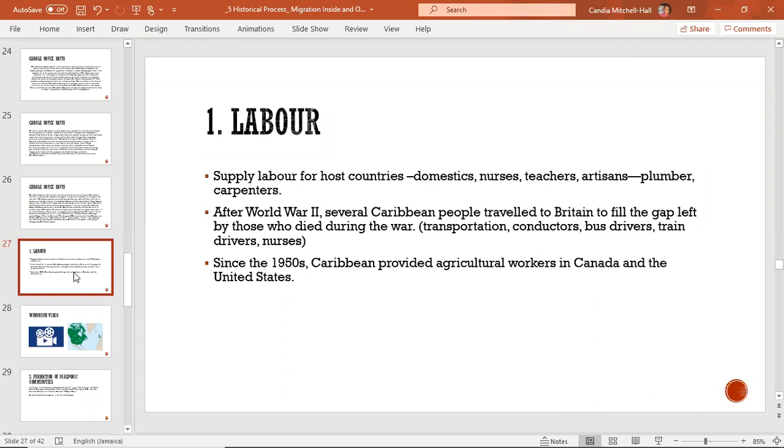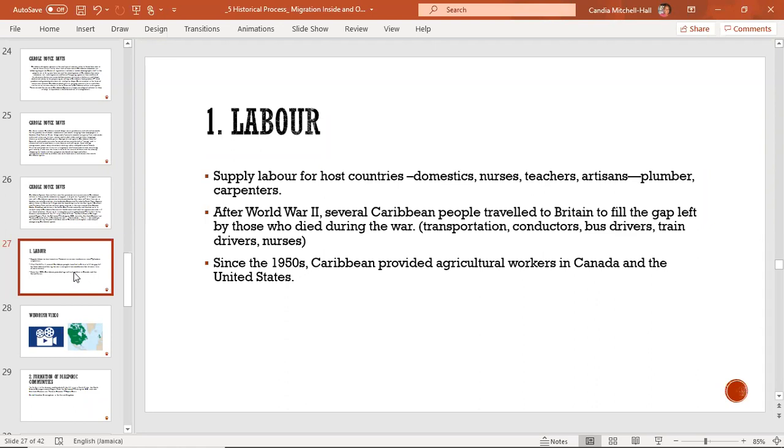Because there was a need for laborers, Caribbean people, while they were still under British rule, went to London, went to Bristol, went to all of these cities in the UK, and they worked.